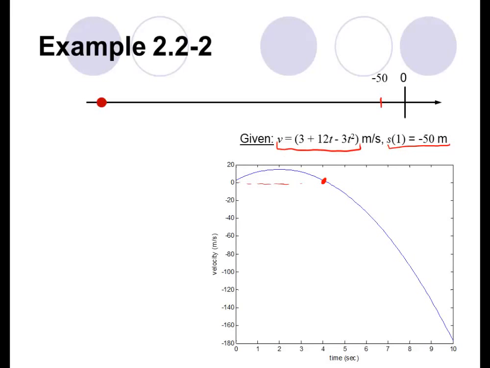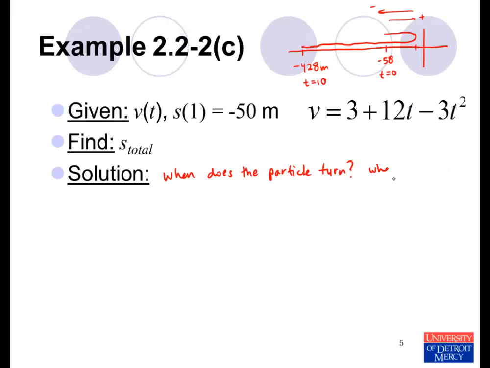And that's basically just the solution of a quadratic equation. So when v equals 0, or more specifically, when v changes sign. We want to know, when does this equal 0?